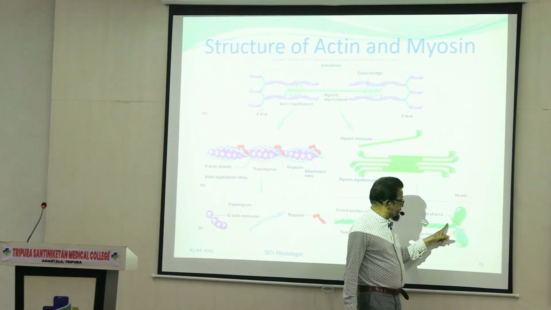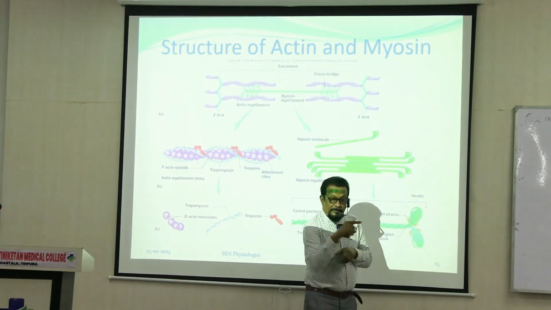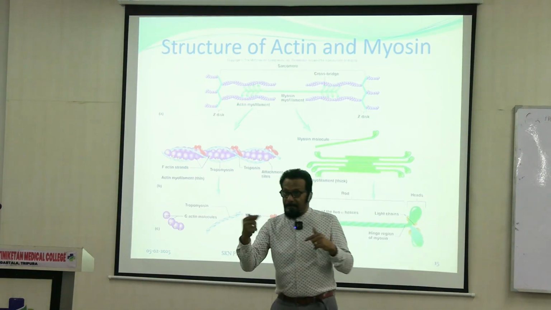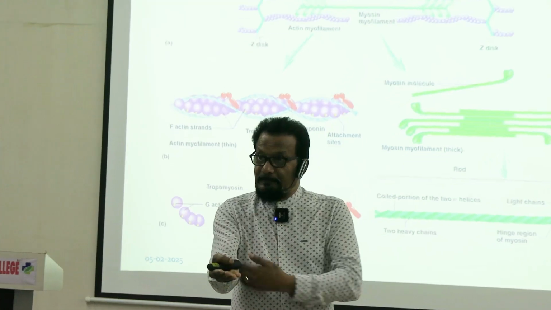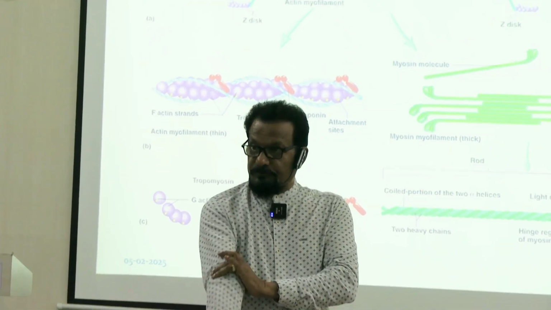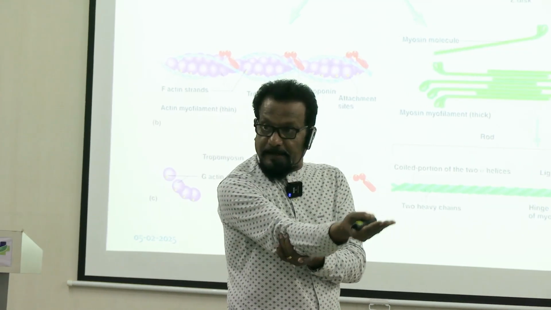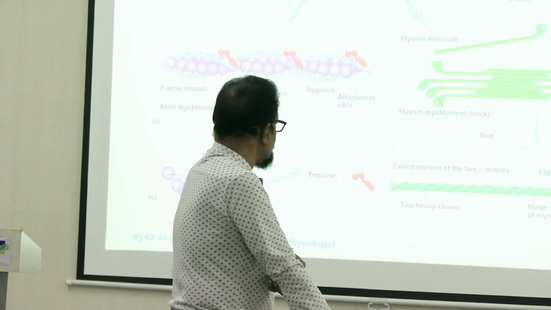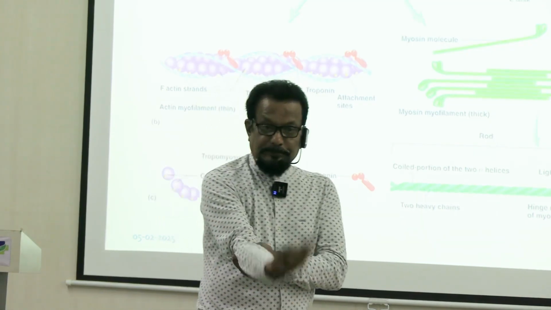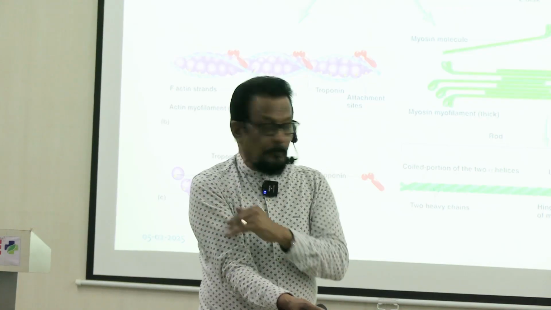At one end, they are not straight or spiral. They are separated and can be bent, flexed, hinged. You can think of a hinge there, so it can move like this. Because of this mechanism, they will make the power stroke. Okay.